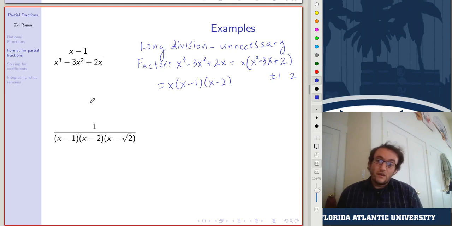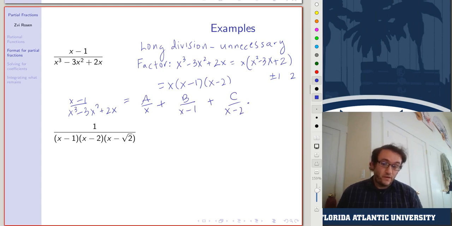Okay? So given that this is how the polynomial factors, we set up our partial fraction decomposition as follows. X minus 1 divided by x cubed minus 3x squared plus 2x equals a, this is just a constant, divided by x, plus b divided by x minus 1, plus c divided by x minus 2. Okay? And that's the partial fractions decomposition.